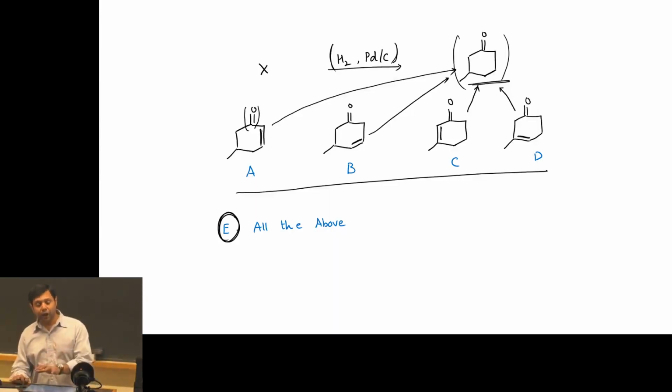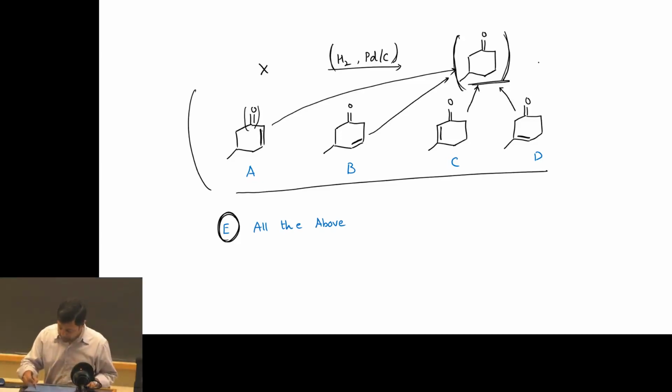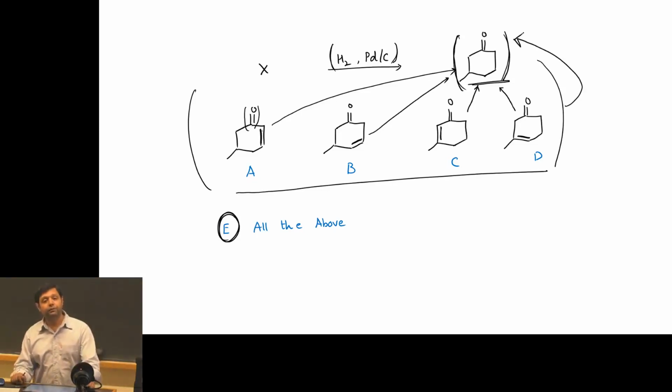So as you can see, looking at the product, you cannot tell where the double bond was in the reactant. Different alkenes could give the same product upon reduction. Right? So that finishes the reduction reaction.